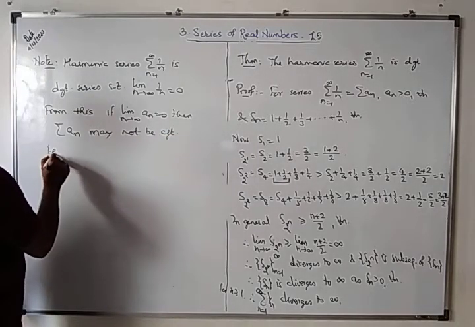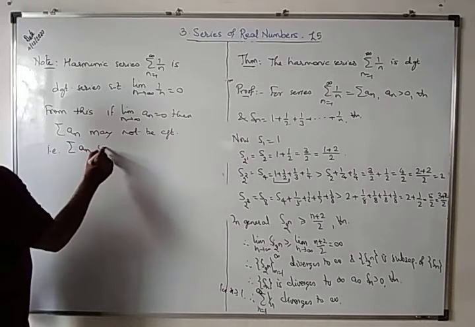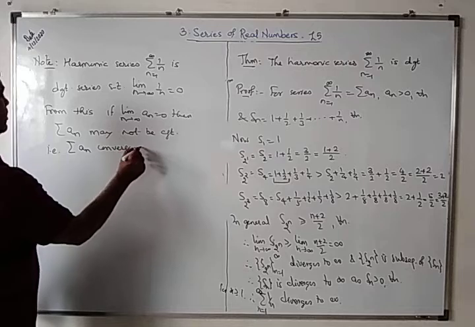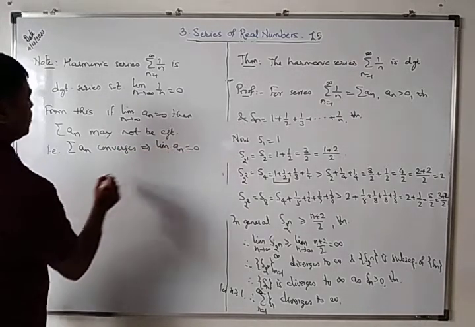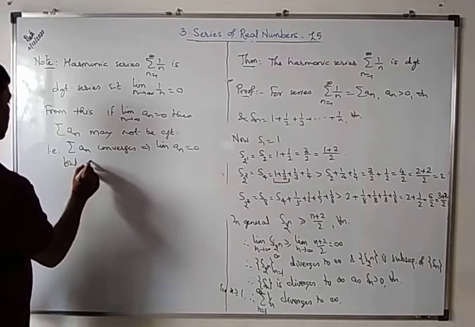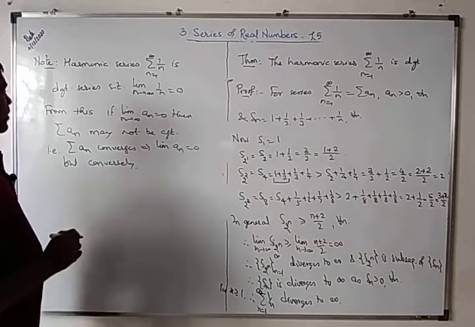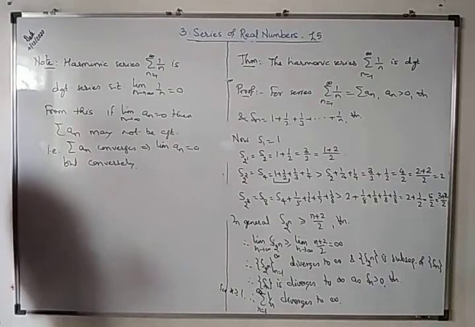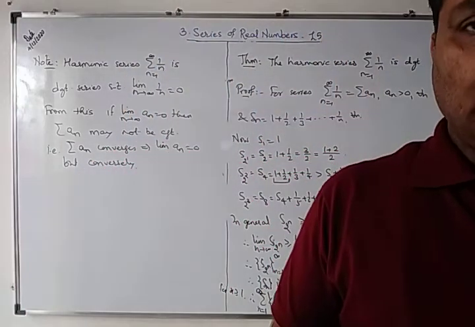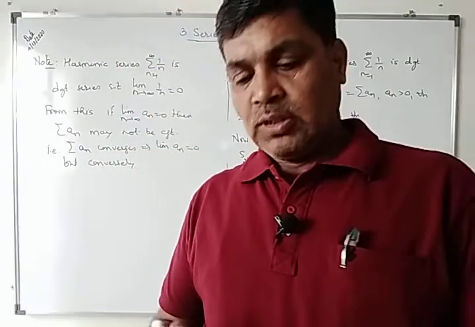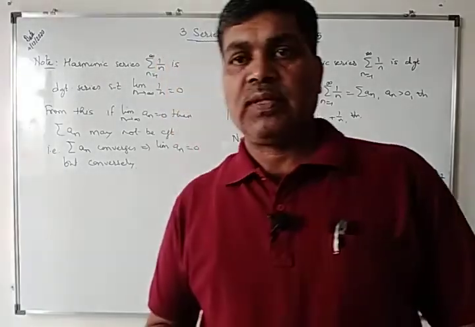That is, summation a_n converges implies the limit of a_n is 0, but not conversely. Okay, meaning if the limit of a_n is 0, then summation of a_n may not be convergent. So it is just a necessary condition, but it is not a sufficient condition.